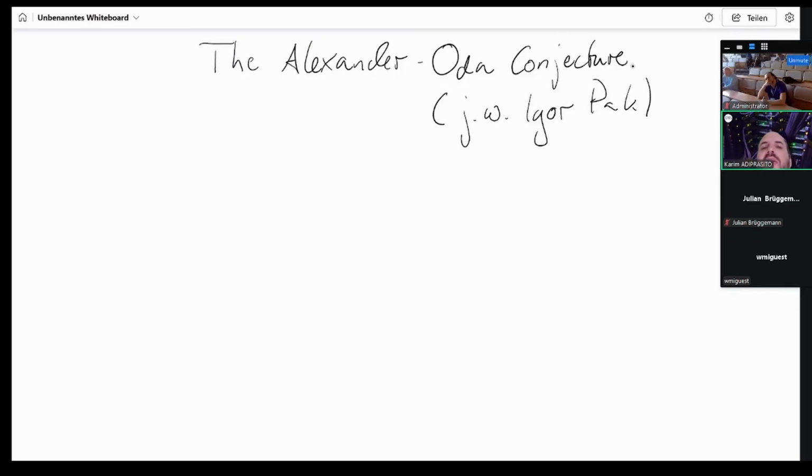You might know Pachner moves. These are these bistellar flips that you might remember from Pachner's main theorem. But there's also another move that is called the stellar move.